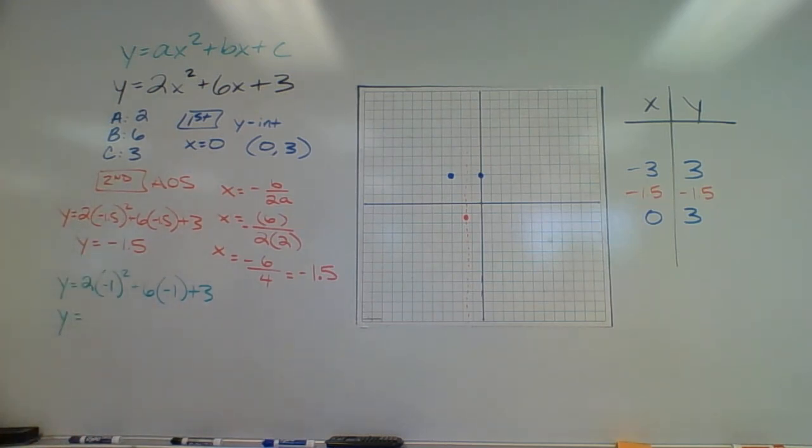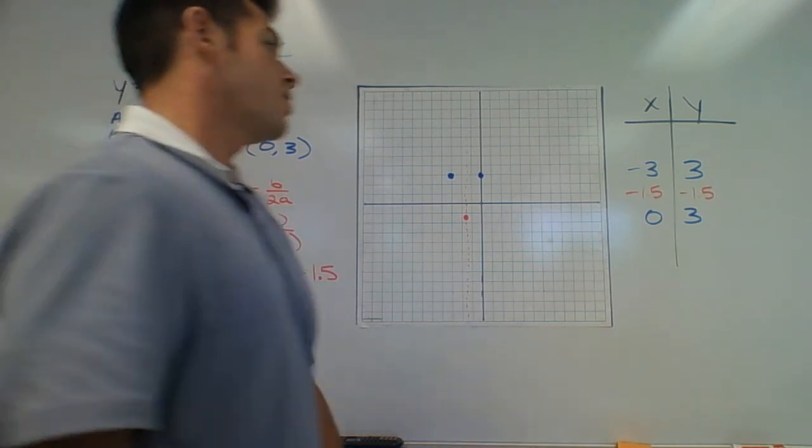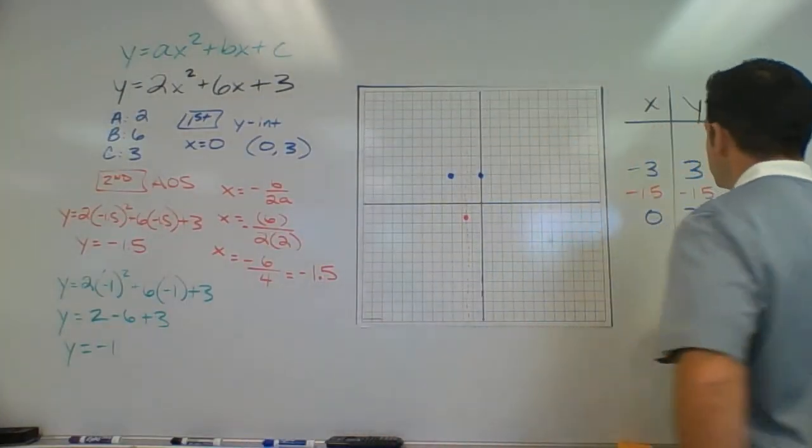Negative 1 squared would be 1, times 2 is 2, negative 6 plus 3, and we would get a y value of negative 1. So the x value there was negative 1, the y value there was negative 1.